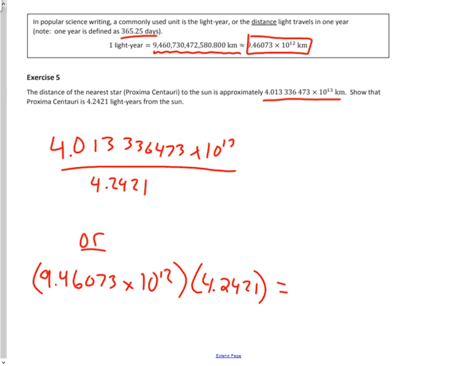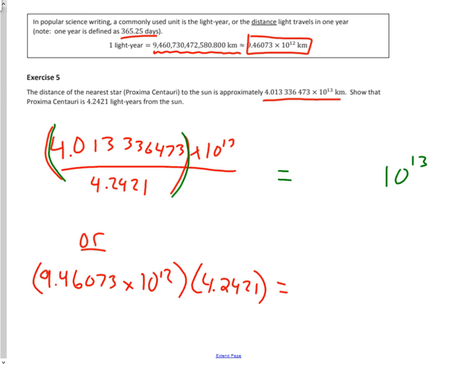Either way we do it, all we have to do is multiply or divide the things that are alike. I'm going to divide these two and keep 10 to the 13th power.